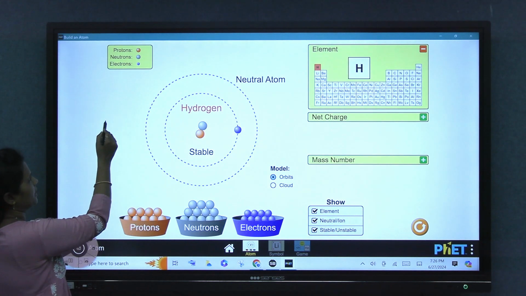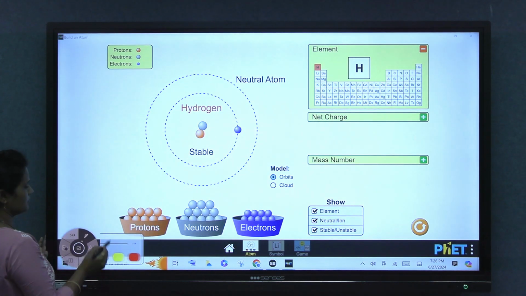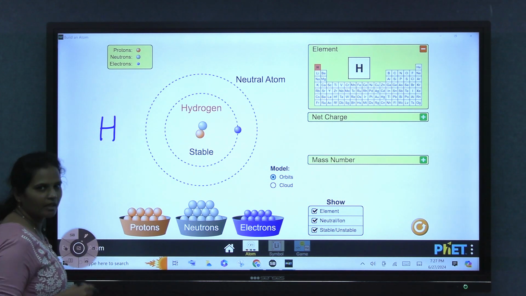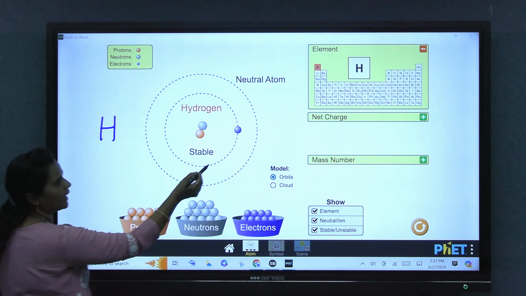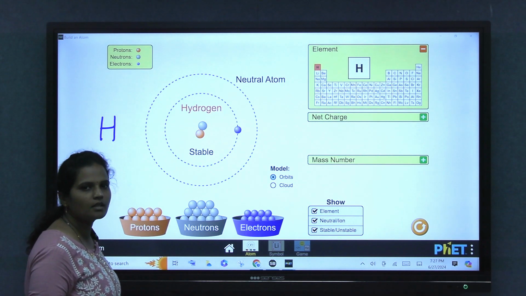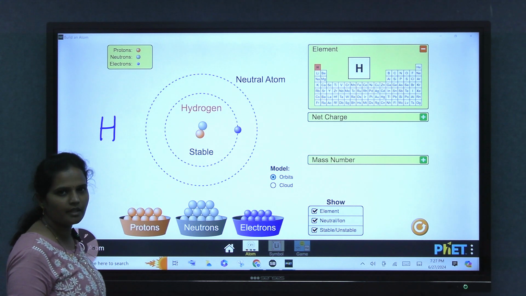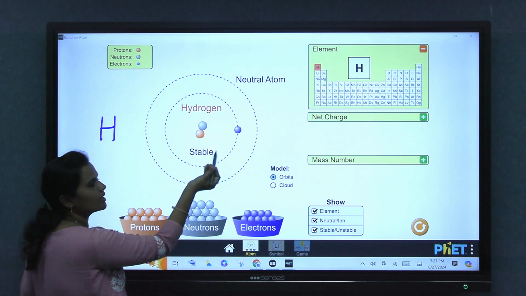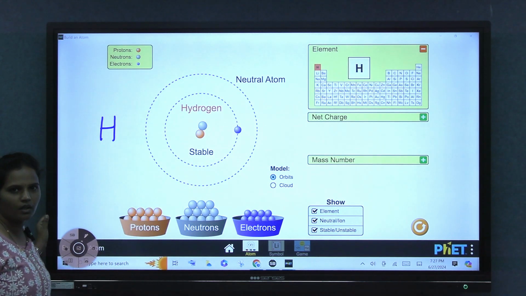What is the representation now? X is an element, nothing but hydrogen. What is the atomic number? The number of protons or electrons present in the nucleus is called the atomic number. Now tell me, how many electrons or protons are present? Is it one or not?